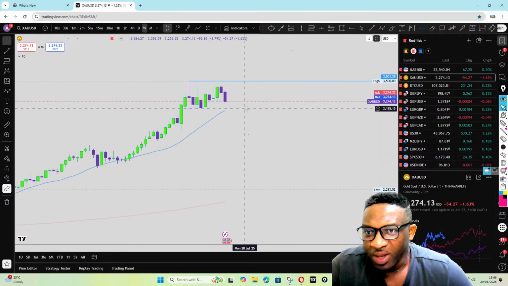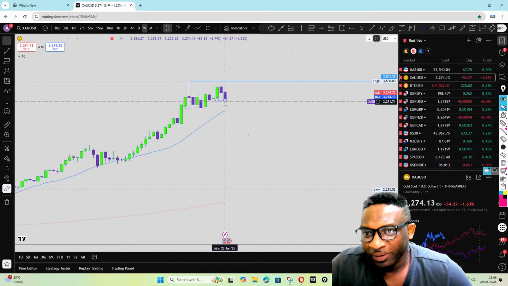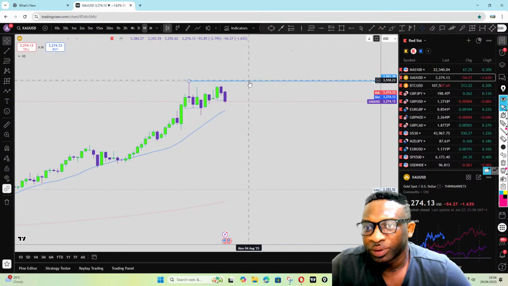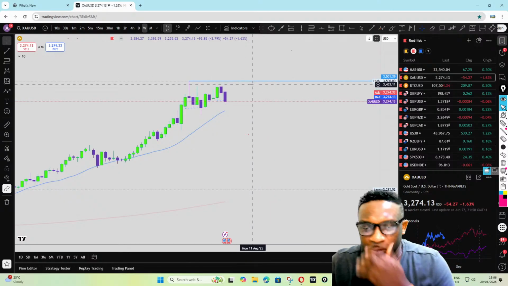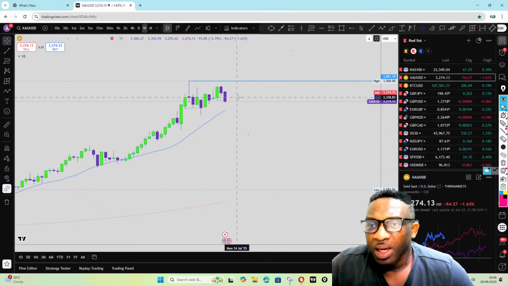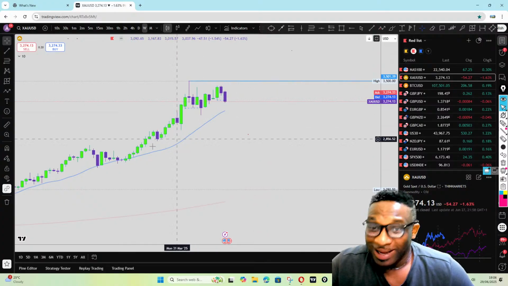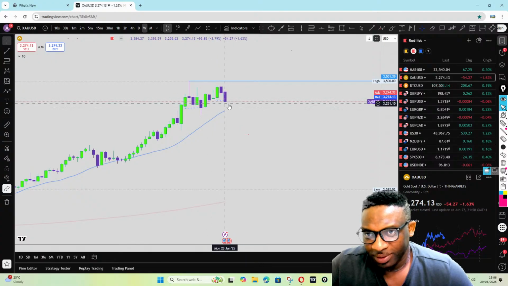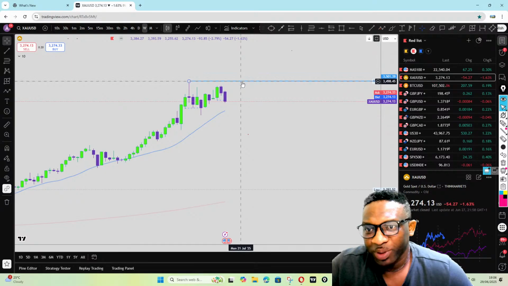As we have a full body close below this low, causing a change in character, market structure shift, we expect price to at least come back to these areas, or continue, as it's in a bullish momentum, it could turn around and continue its bullish momentum.